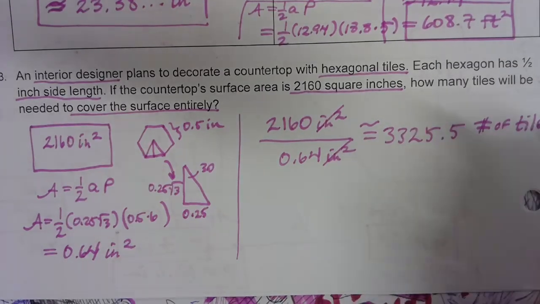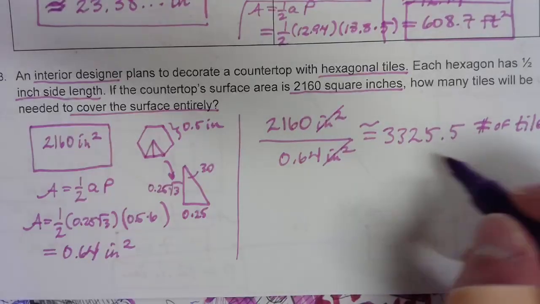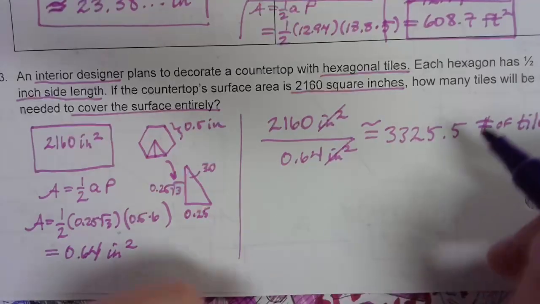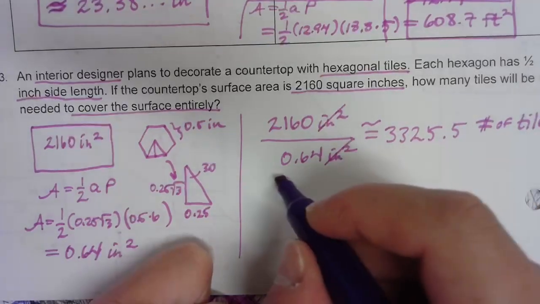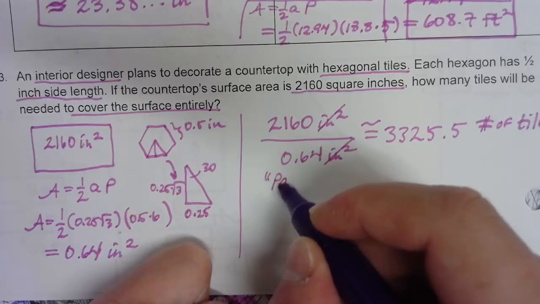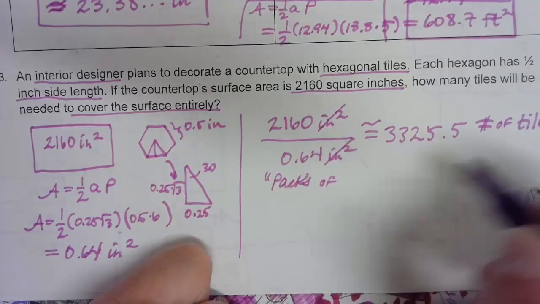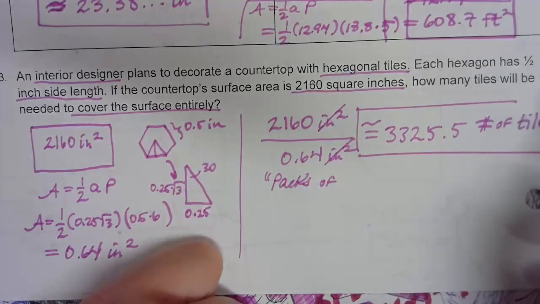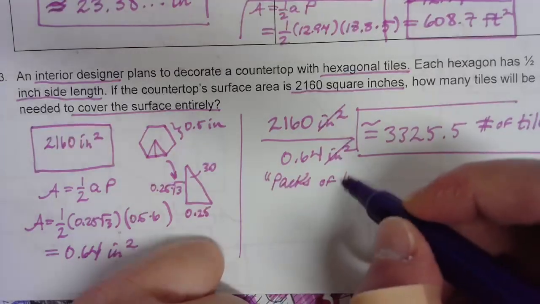But, as I'm sure you know, maybe they only come in packs of like 10 or something. They're not going to sell just one of these square inch tiles. So let's say they come in packs of 10, for the purposes of the question. And guys, what I mean is, this is the answer, technically, to this problem, because it doesn't ask you to specify. Let's say they come in packs of 10.